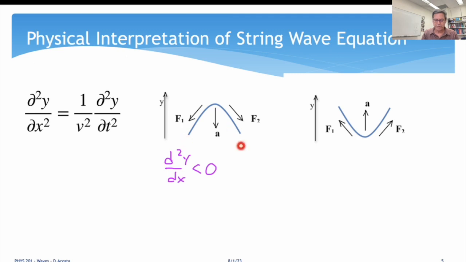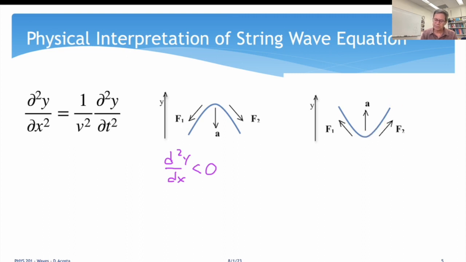So when the string has a shape like that, the string wants to accelerate back downward, because it's not going to keep accelerating up and just keep going up. It's going to reach a limit and want to come down. So when it's like this, the acceleration is in the downward direction. If the string is bowed in the opposite sense, like here shown on the right, the slope was negative on the left, became 0, and became positive on the right.